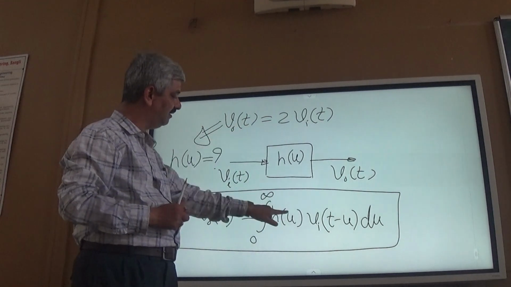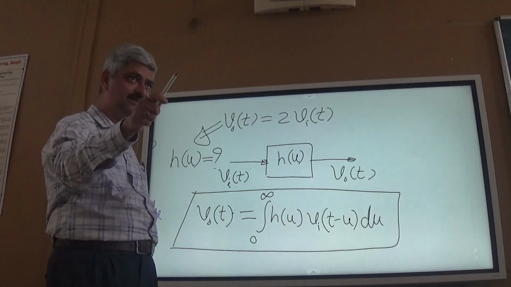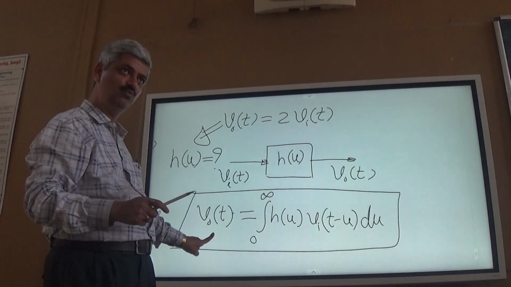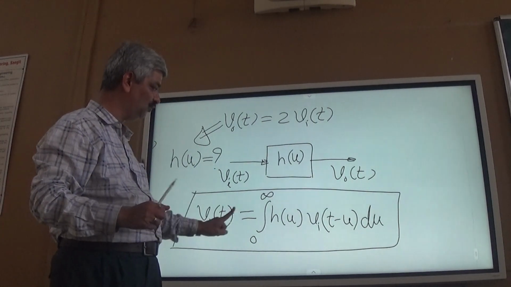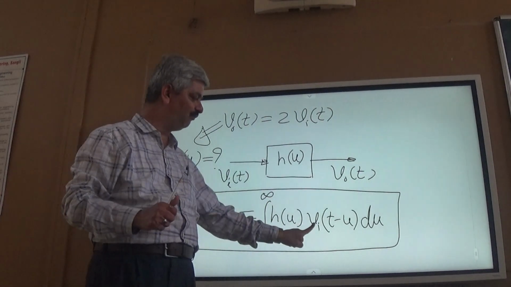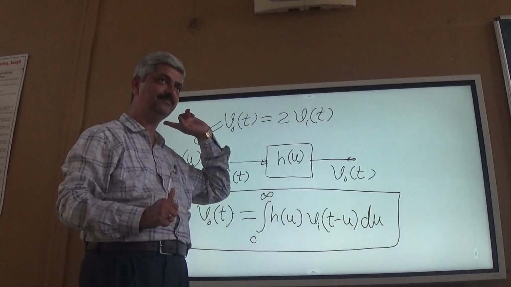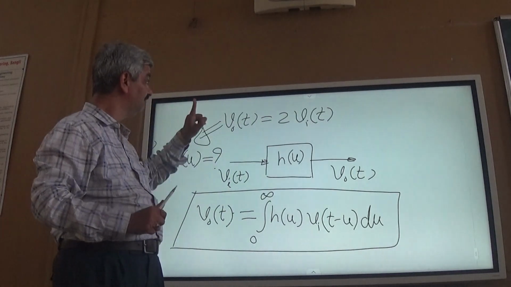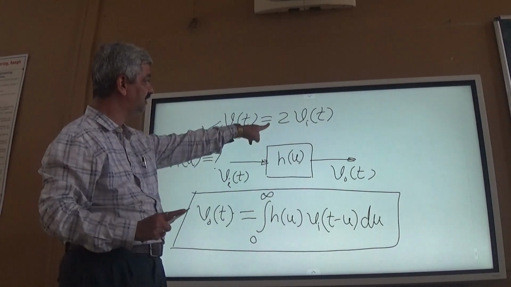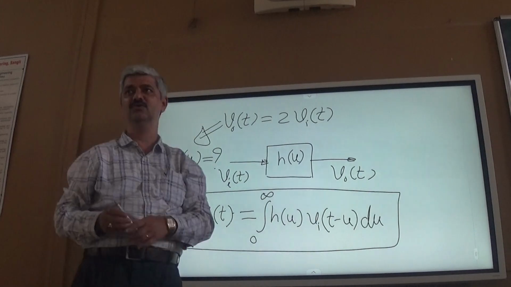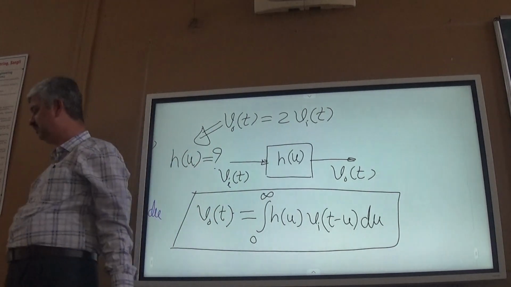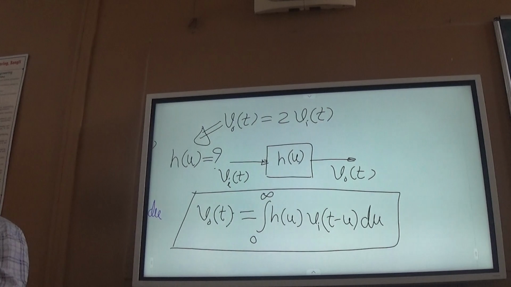VOT for every system in the world, this is true. VOT is equal to HU Vin of T minus U du integrated from 0 to infinity. So what HU will give you this? It's a very interesting question.